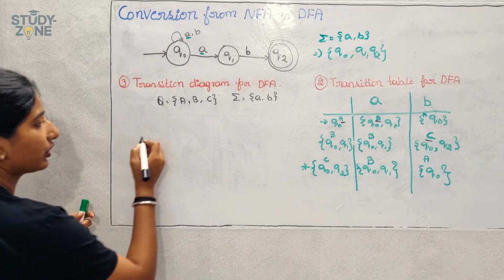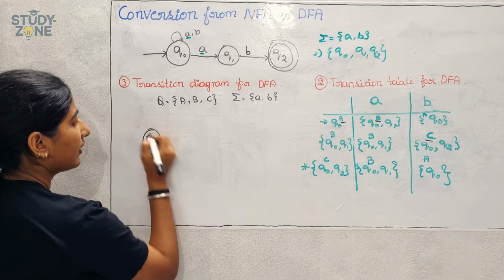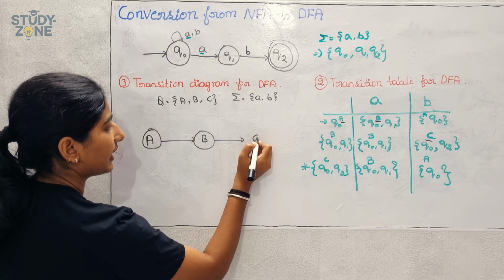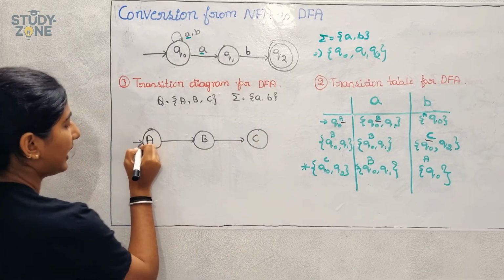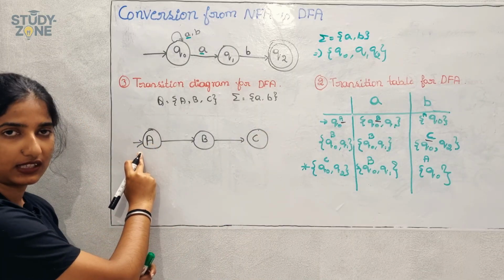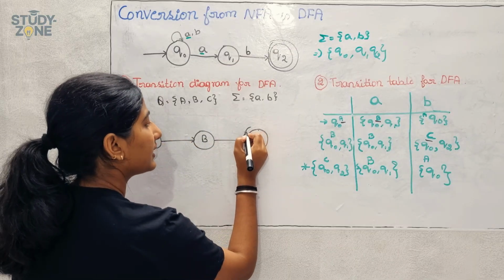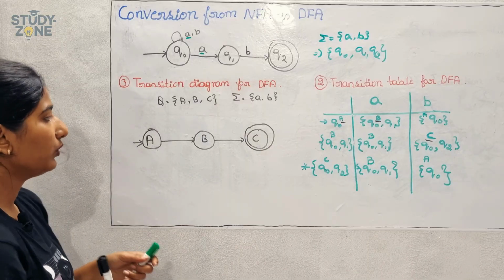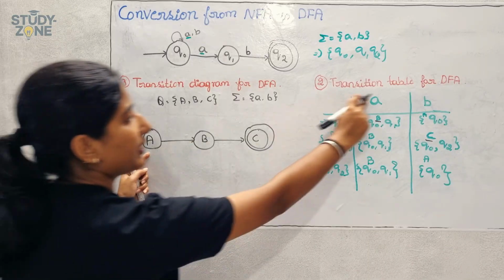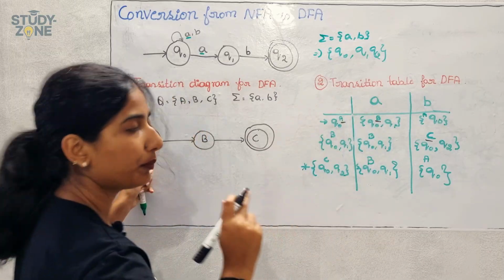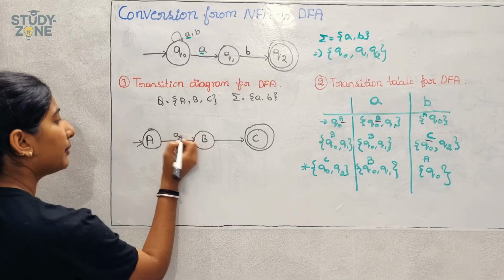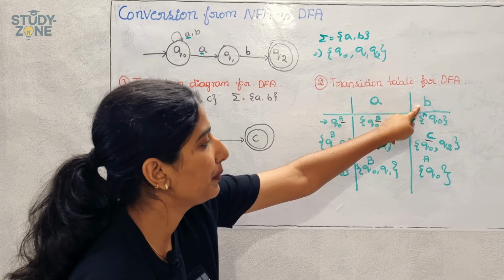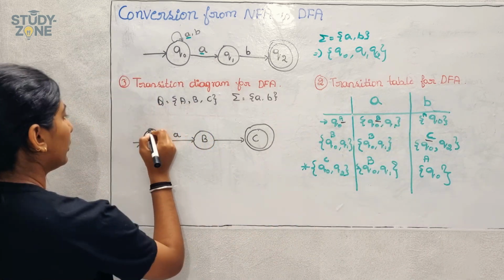So now what are all these states? A, B and C, right? Which is the starting state? A is the starting state, so I am representing it with an arrow, and C is the final state, so I am representing it with a double circle. Now A on input symbol A moves to B, and A on input symbol B stays in A only.